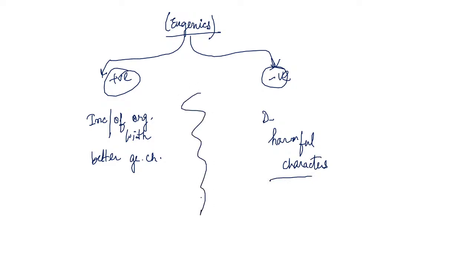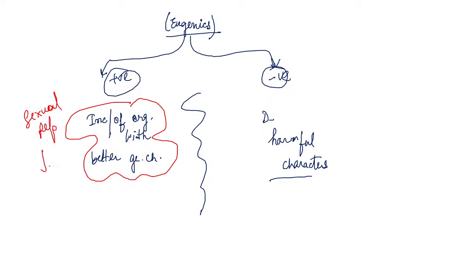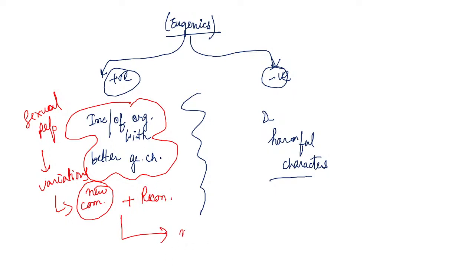So when we study eugenics, we study two main things. One is increasing the organisms. When we have sexual reproduction, we get lots of variations, lots of combinations, right? New combinations come up, that is known as recombination, and we also get lots of new characters. Now this new character, if selected by nature, will be fittest for the organism to survive.